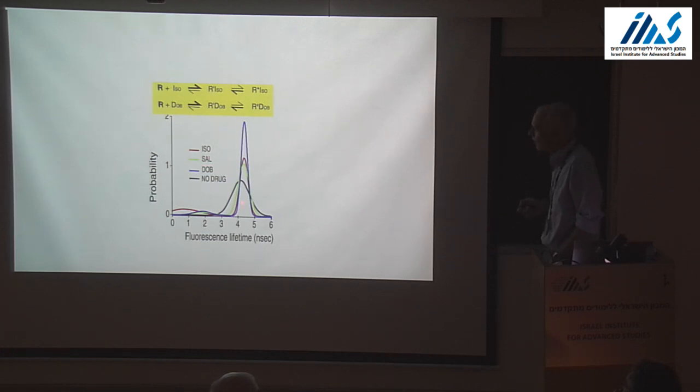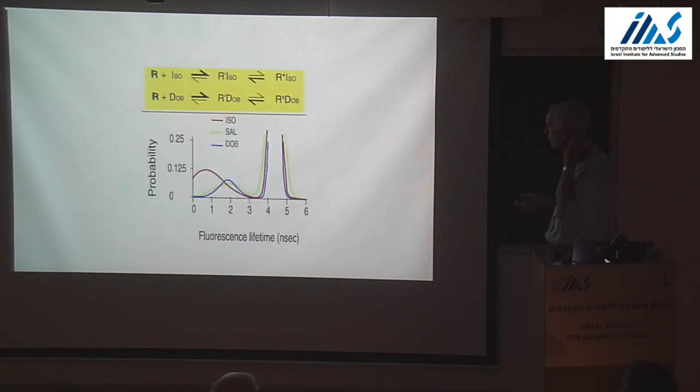And what we saw is, one is that this distribution changed and it even got sharper. But we saw 2 additional peaks down here. And while we may have been overinterpreting this, it gave us a sense that each drug was sort of stabilizing a distinct state. For isoproterenol, its state, full agonist, was distinct from that from dobutamine and salbutamol.